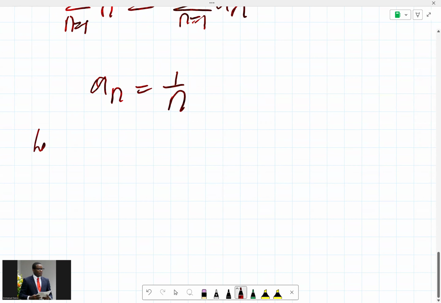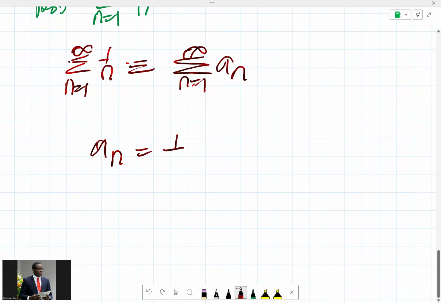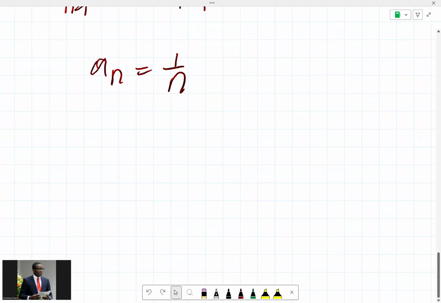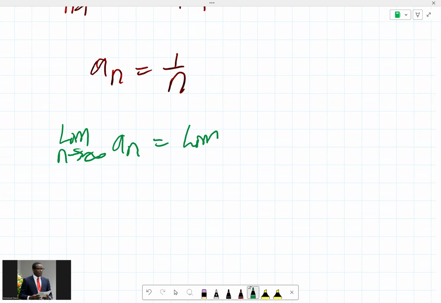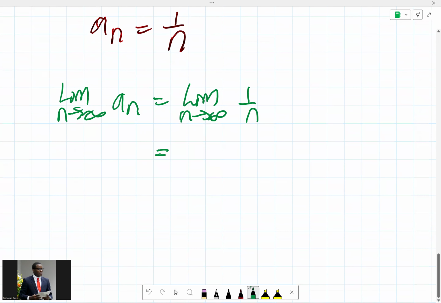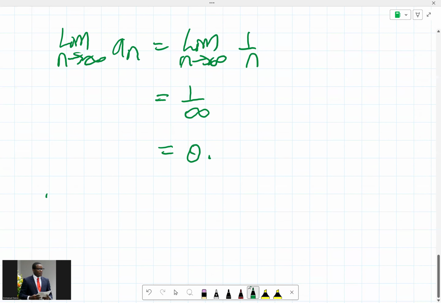So here I have limit as n approaches infinity for an, which is the same thing as limit as n goes to infinity for 1 over n. And by the rule of thumb, the first thing you do is substitute the infinity directly. So you have 1 over infinity. Interestingly, 1 over infinity is 0. So we say therefore limit as n tends to infinity for an is equal to 0.